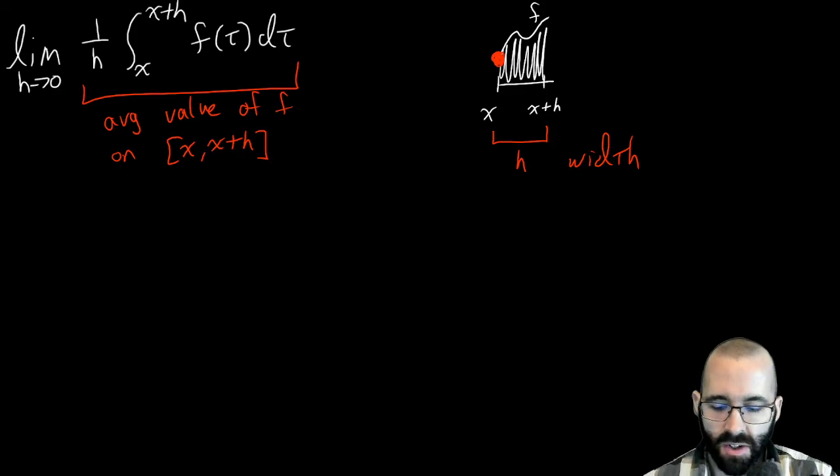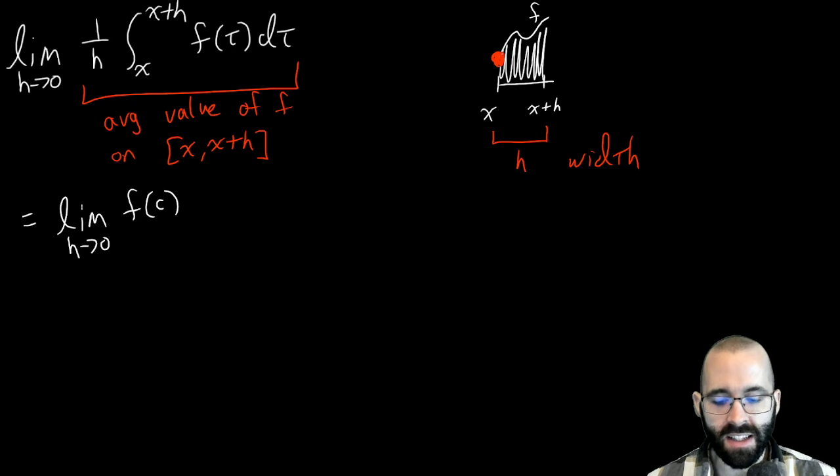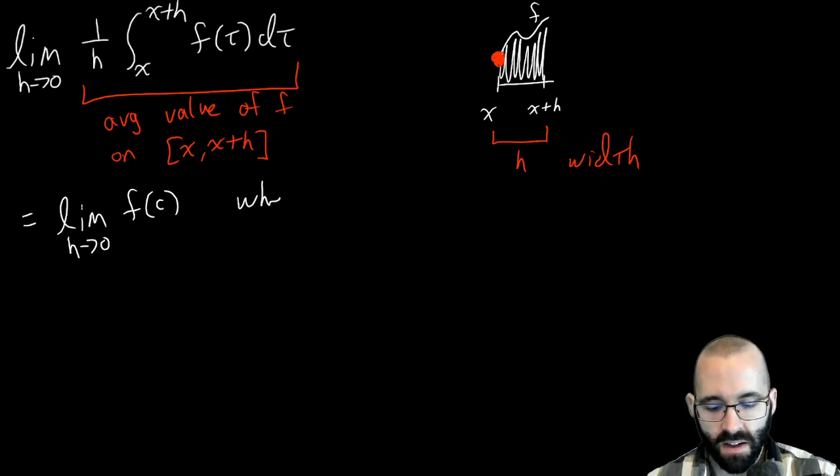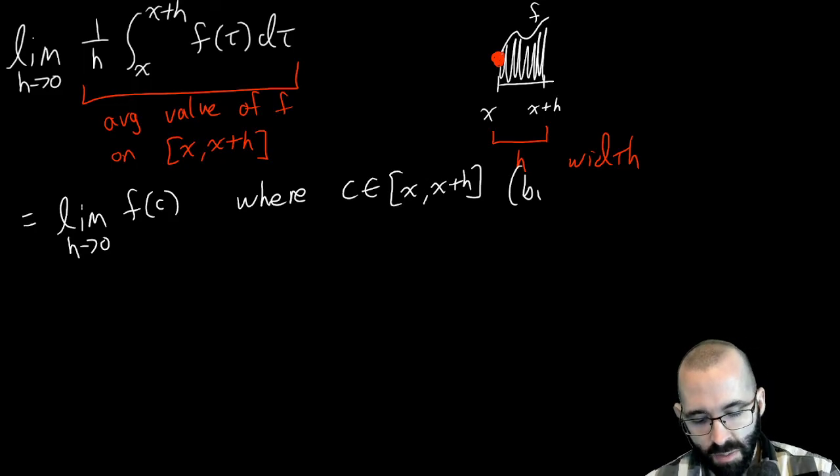Okay, so what we're going to do is say, okay, f is continuous. So by the mean value theorem, this is the same as f of c. We know at least one c exists, where c is in the interval from x to x plus h by the mean value theorem, since f is continuous.